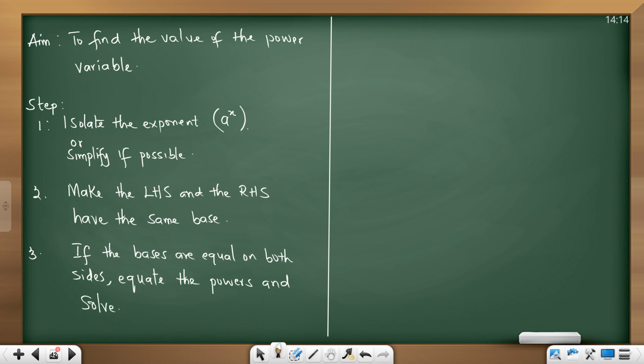Don't worry, I will take you through the 3 steps very, very slowly. I'm going to look at about 10 examples. So I'm going to need you to work with me.